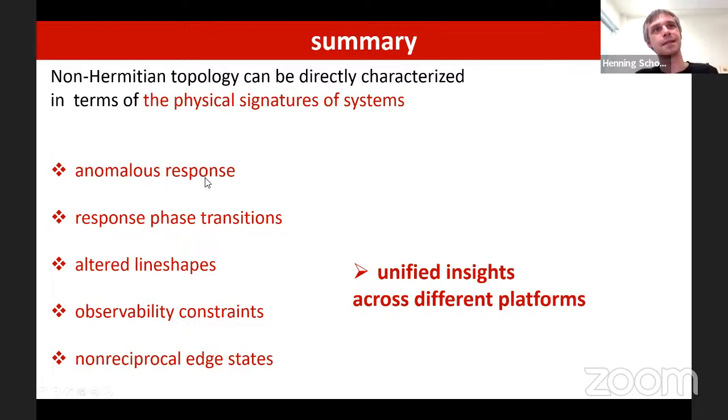You see this in the anomalous response and topological mode selection. It tells you something about phase transitions and how line shapes change at these. It gives you constraints on the observability. And the thing which I skipped is you can use it in order to actually define what an edge state would be in the most general setting.